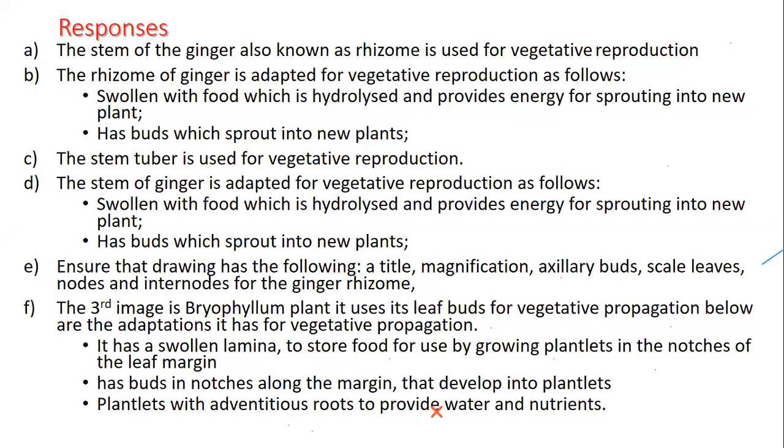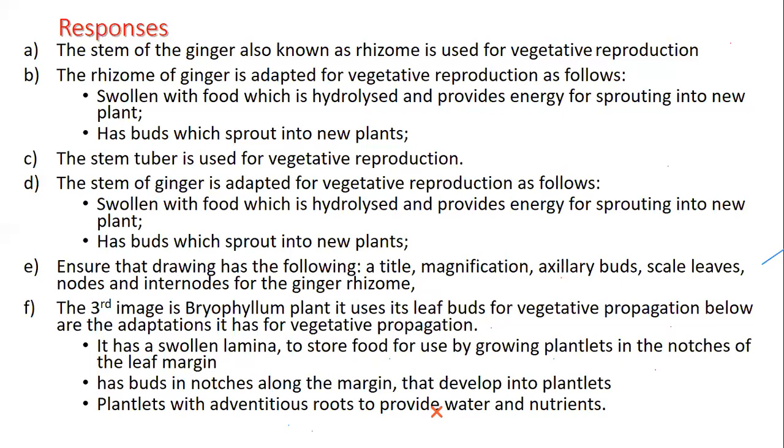You look at a structure and then describe it, and then mention how that description makes it do what it does well. Now, for example, if we know that it is a rhizome, we know that rhizomes are swollen with food, okay? So the description of that stem is that it is swollen, or succulent.